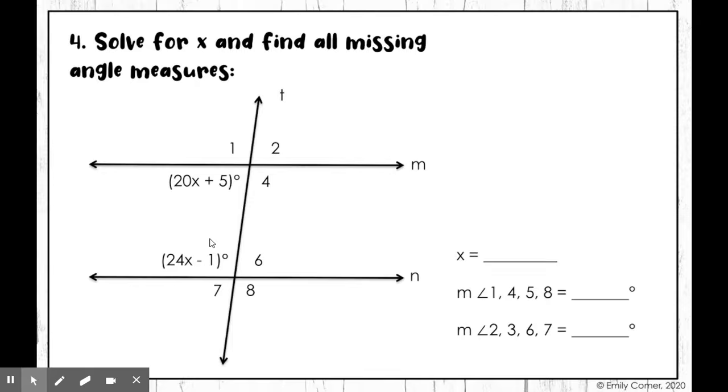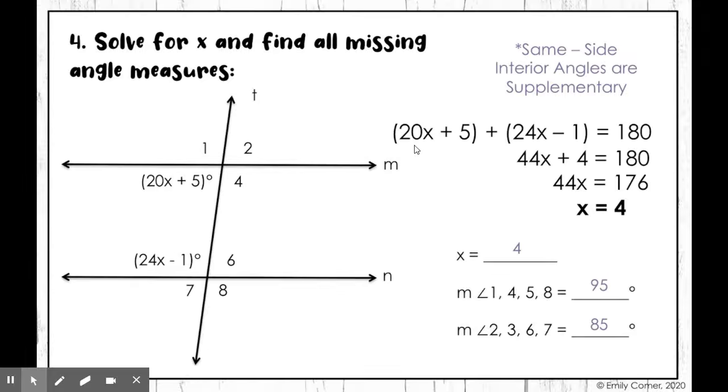These are same side interior angles, and same side interior angles are supplementary to one another. So I'm going to take this expression plus this expression, which should add up to 180. So now I have my algebraic equation set up.